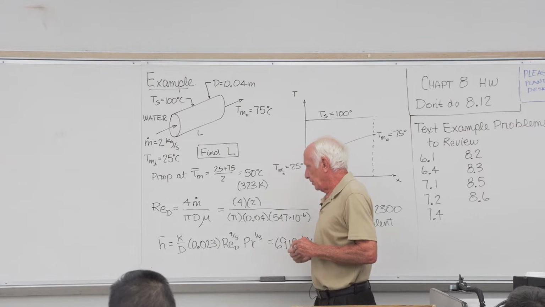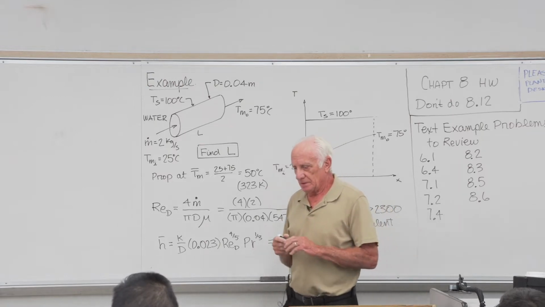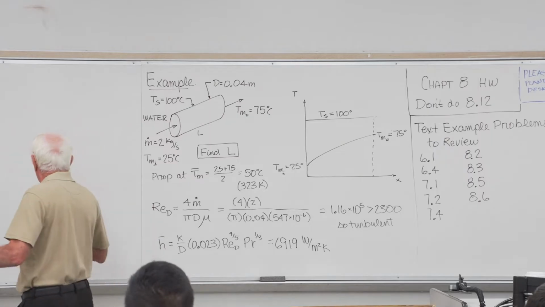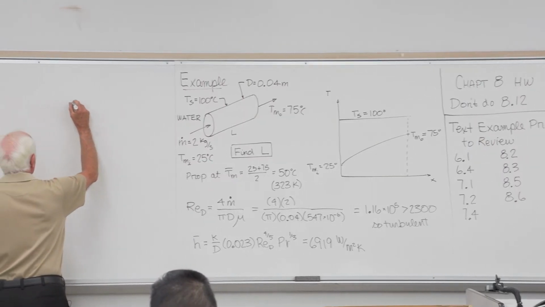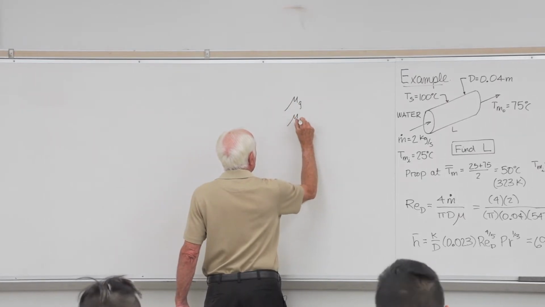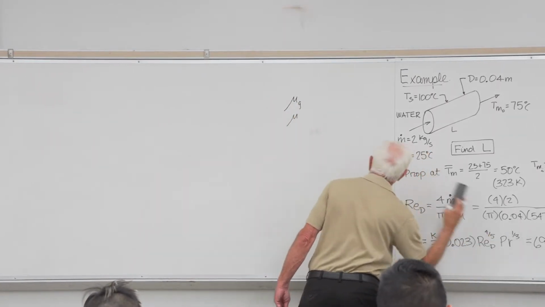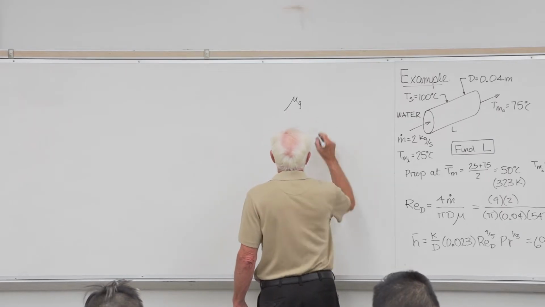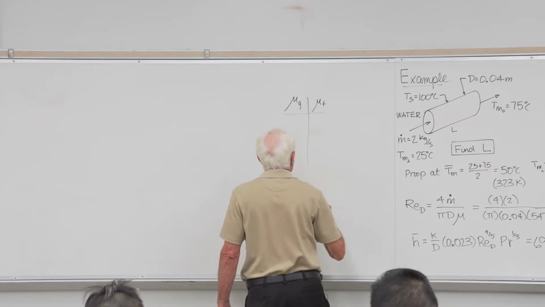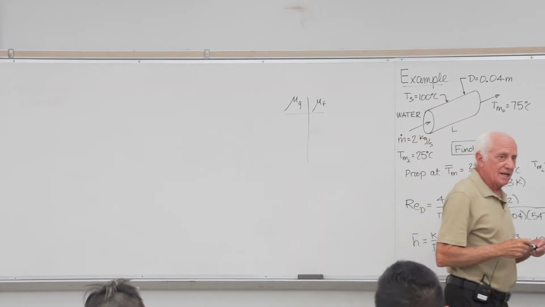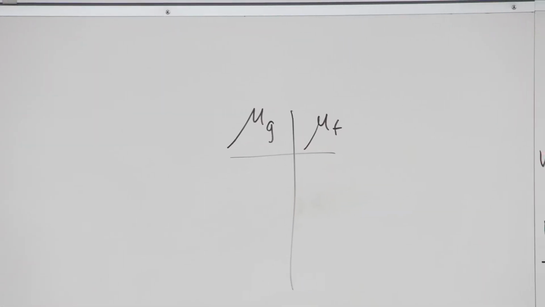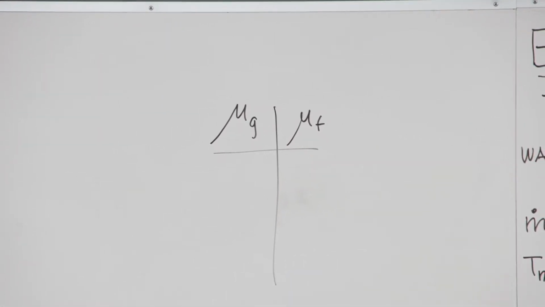Now in the back of the book, under water, you're going to find this. There'll be a mu G and there'll be a mu F column. The G stands for saturated vapor. No, what's in the tube is not a saturated vapor. The F stands for saturated liquid.